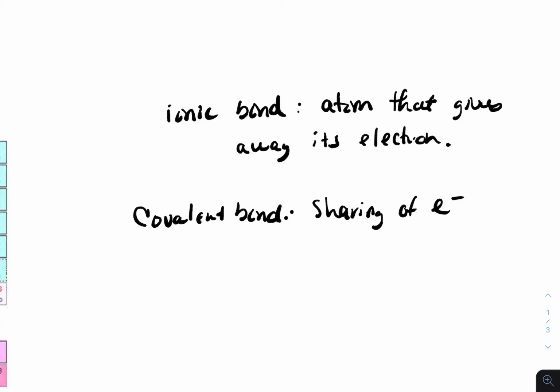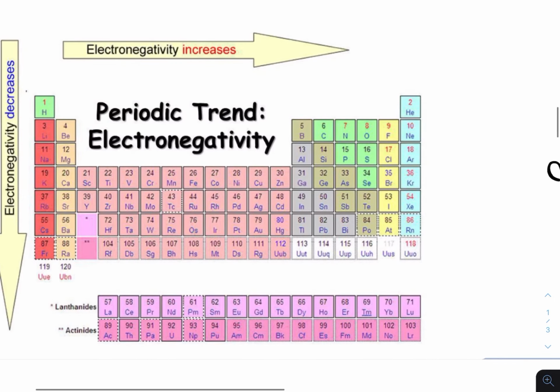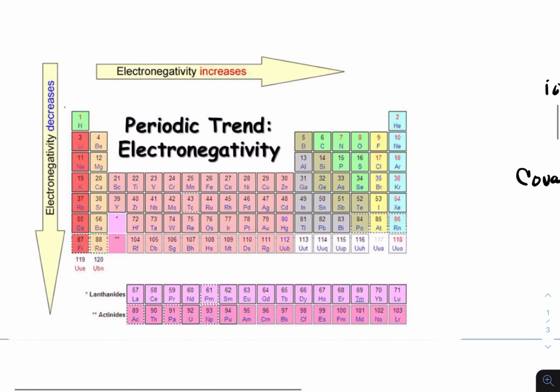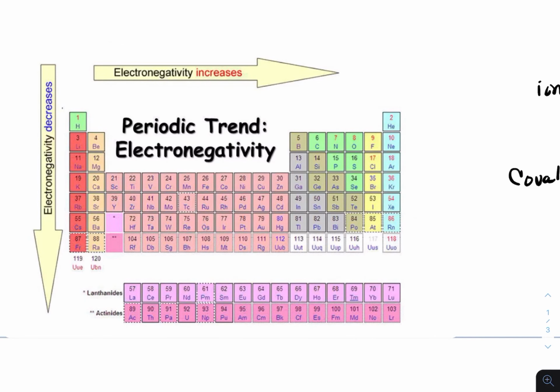Another thing that we have to keep in mind is when we have something like fluorine, which has 7 in its outer shell, it is so strong. And that's when we get into the concept of electronegativity. Now, there is a trend for electronegativity. As we move from left to right, the electronegativity increases.